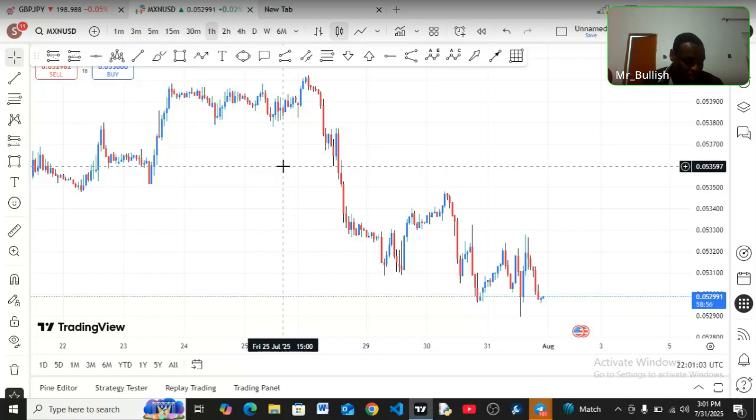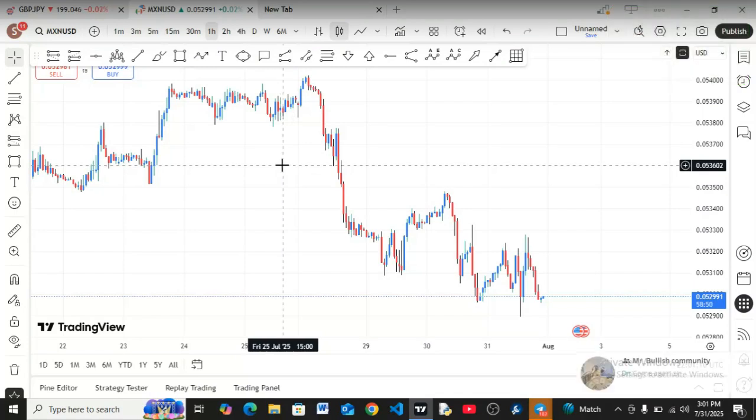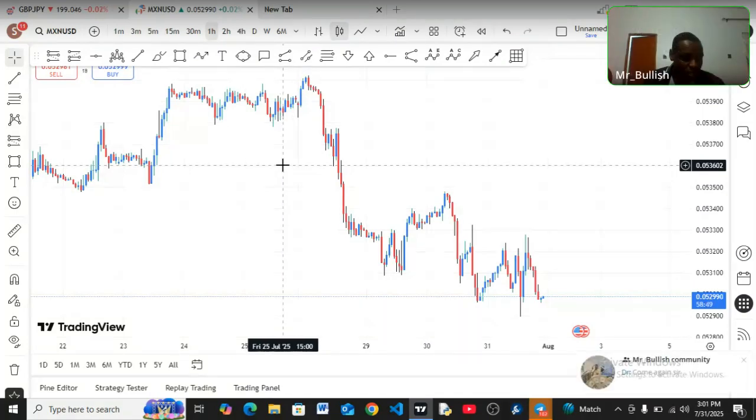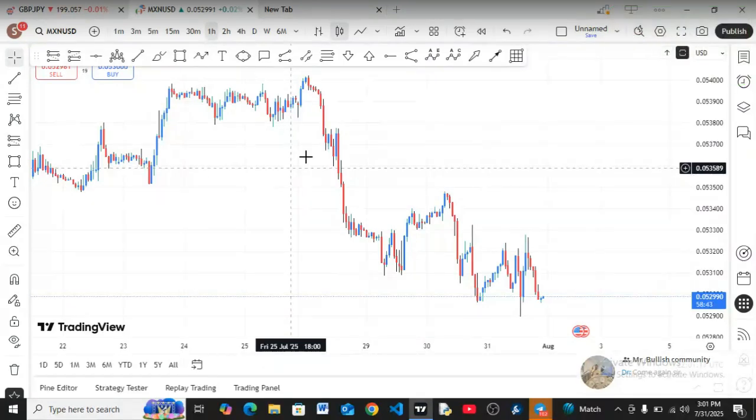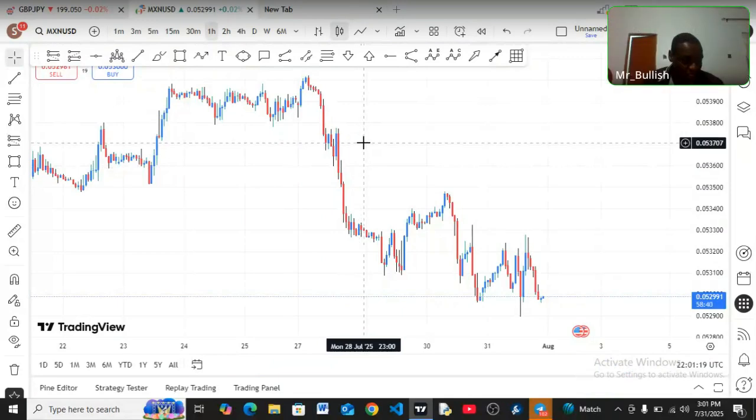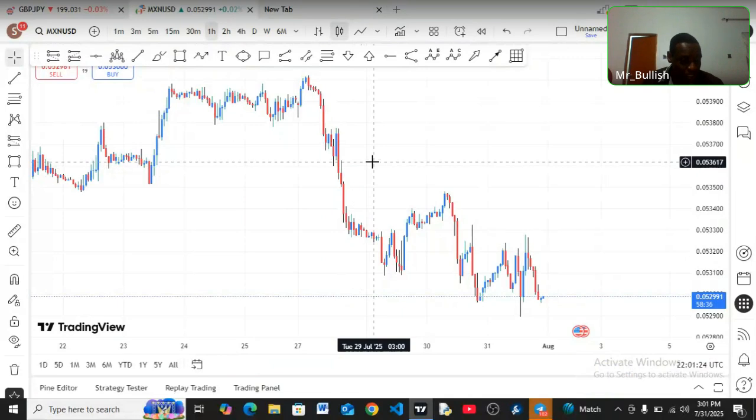Okay, let's see it from here. In the financial market, the ask and bid price represent the best price at which a buyer, which is a bidder, and a seller, which is the asker, are willing to trade an asset at a given time.